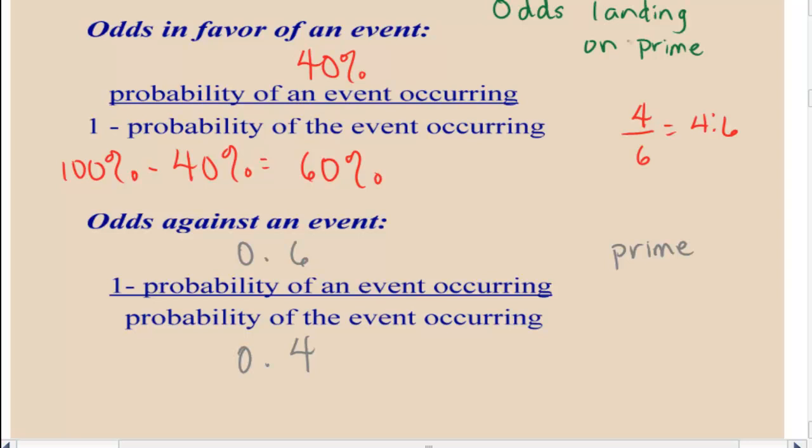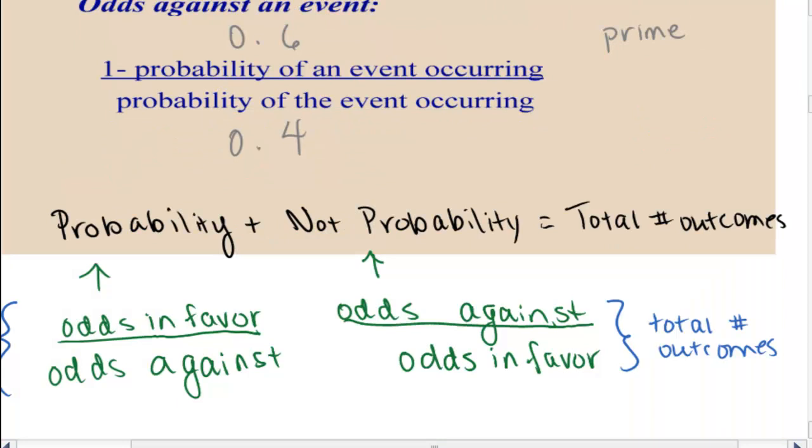So the basic thing you need to walk away understanding is that the probability plus not the probability gives you the total events. So the probability plus not the probability equals the total number of possible outcomes.